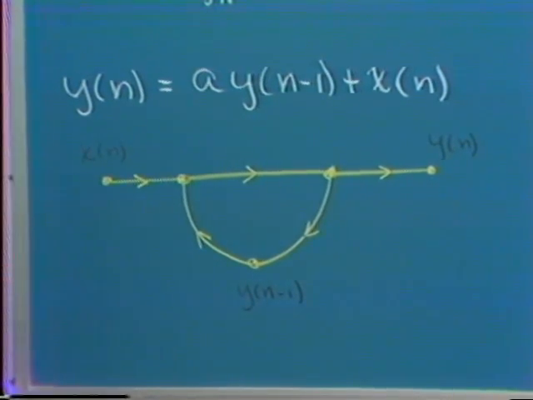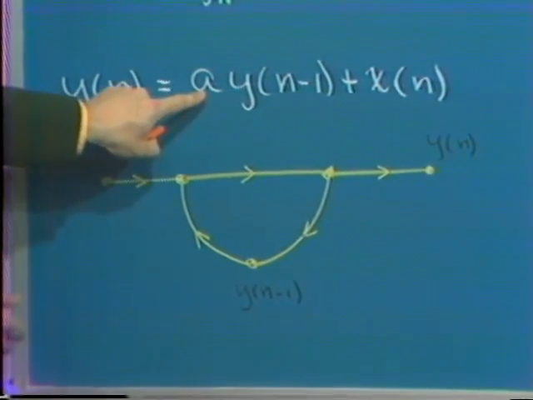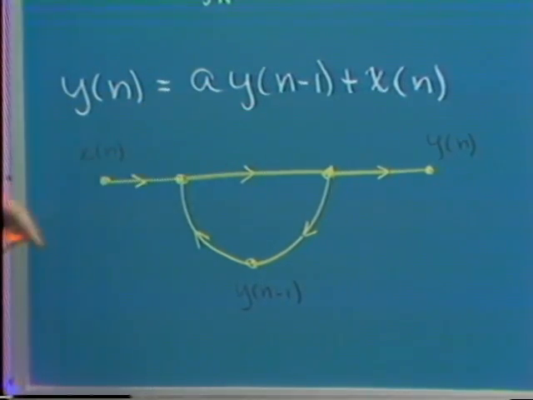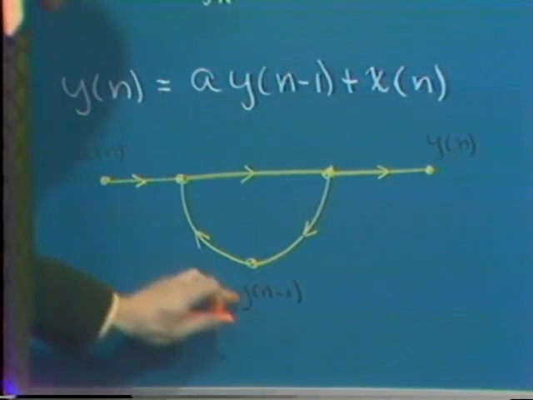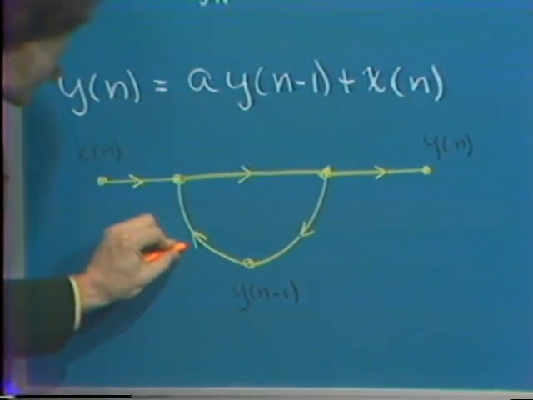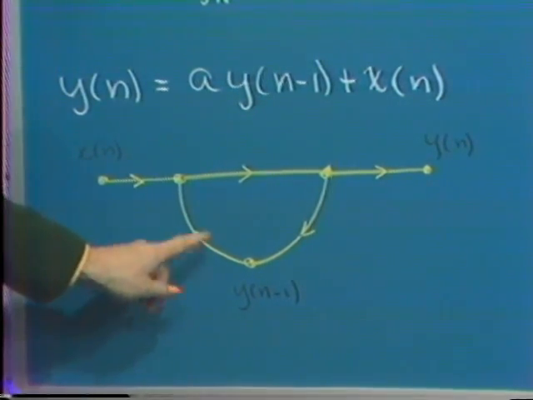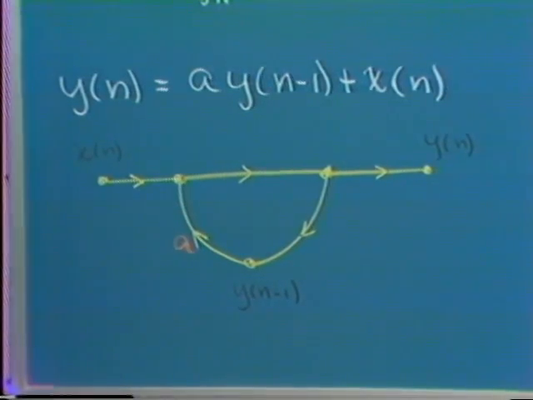If we have that node, then what we want to form to get y of n is a times y of n minus 1. So we want y of n minus 1 multiplied by a, which means that this branch has a transmittance, or a gain, which is a.